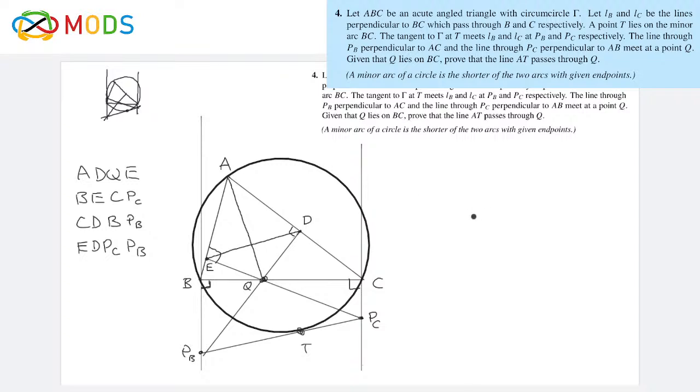I don't think we want to do that. Okay, so angle CAQ is equal to angle DAQ, which is equal to angle DEQ or DEPC, which is equal to angle DPBPC.